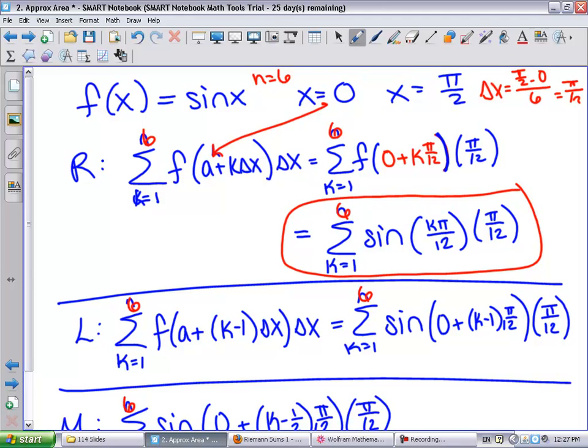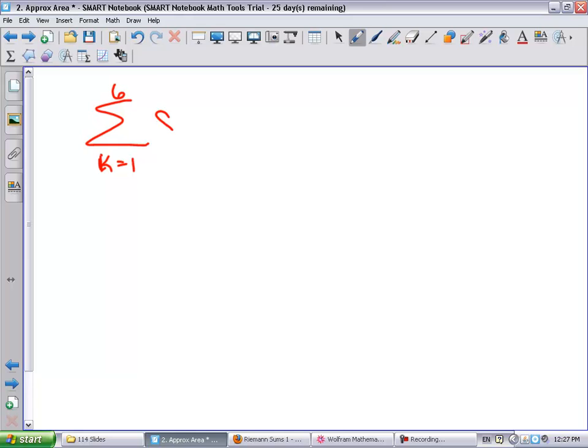Okay, so if we have the sum, k goes from 1 to 6, of sine of k pi over 12 times pi over 12. How would you actually calculate that? Well, the easiest way, really the only way that we know, is to actually write out what it means. So first we're going to start with k being 1, and we plug that in.